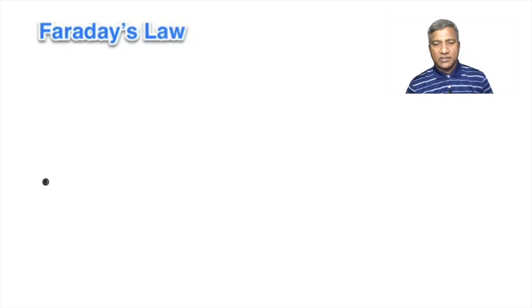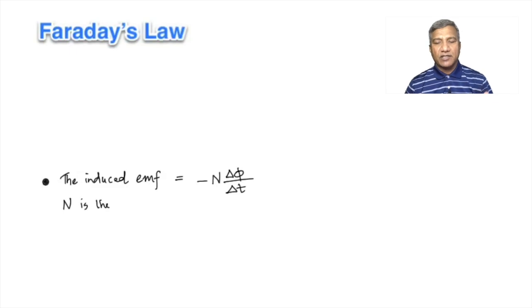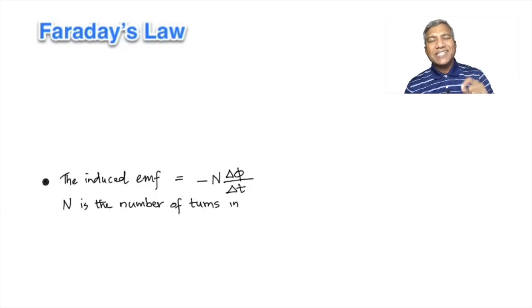According to Faraday's law, let me speed this up, the induced EMF is proportional to the rate of change of magnetic flux. The induced EMF is bigger when the rate at which the magnetic flux is changing is also bigger. So if you change the magnetic flux faster, you get a bigger induced EMF.